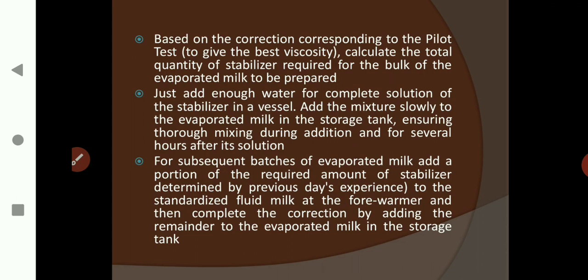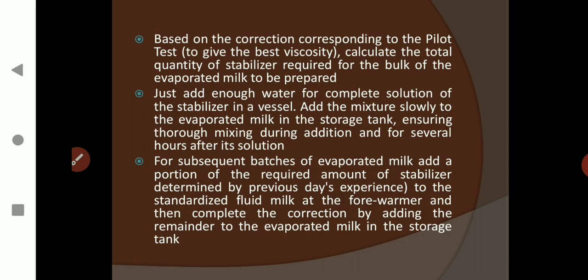Just add enough water for complete solution of the stabilizer in a vessel. That is, you should not add the salt in dry form. You have to add it in the form of solution. In a bucket, you just mix with a small quantity of water and add the mixture to the evaporated milk in the storage tank, ensuring thorough mixing during addition and for several hours after.